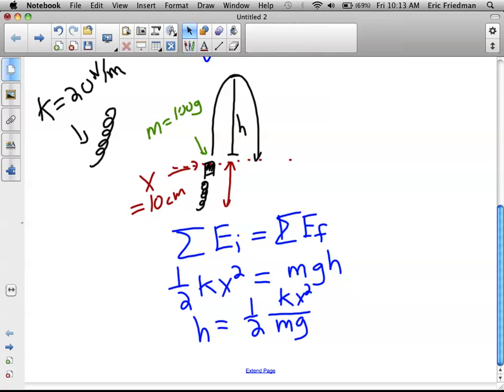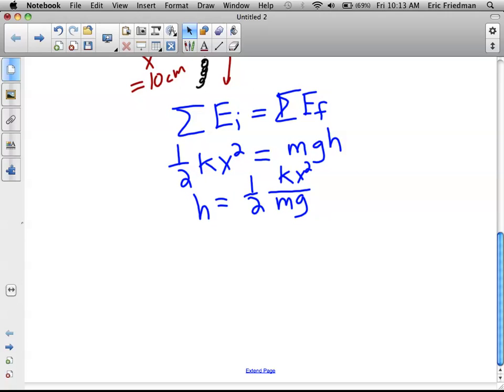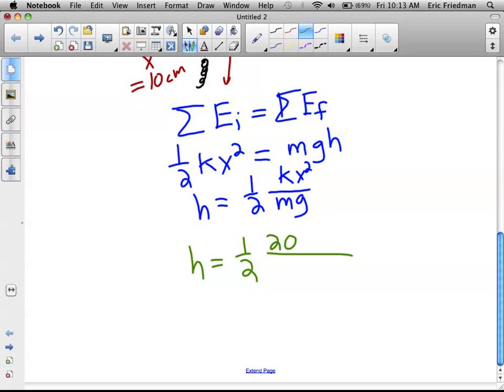Now we can plug in the numbers, but let's pay attention to our units to make sure everything works out. h equals 1/2 times our k, which is 20 newtons per meter, times our x, which was 10 centimeters, so that's 0.1 meters, squared. We divide that by our mass, which was 100 grams, that's 0.1 kilograms, times our g, 10 meters per second squared.